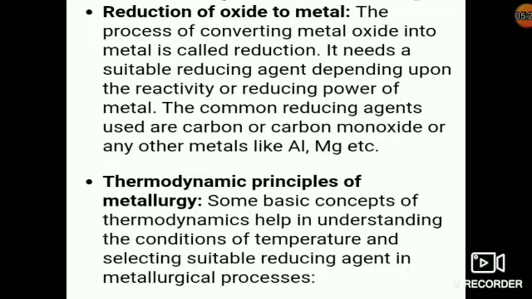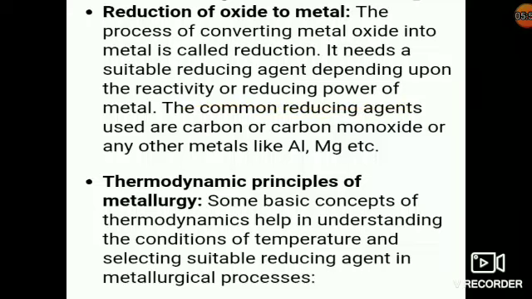Next, reduction of oxide to metal. Once you get the oxide of the metal, the next step for the purification of ore into metal is the reduction of oxide to metal. In this process of converting metal oxide into metal, the reaction involved is the reduction reaction. It needs a suitable reducing agent, depending upon the reactivity or reducing power of the metal.